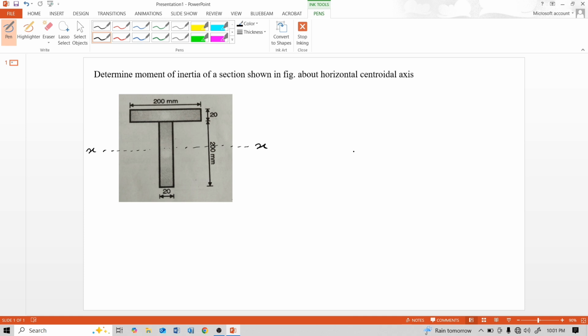For solving the moment of inertia about the x-axis, that means for solving Ixx, divide this T beam into two parts. First, this is the flange part, and second, this web part. So I divide the web and the flange here.